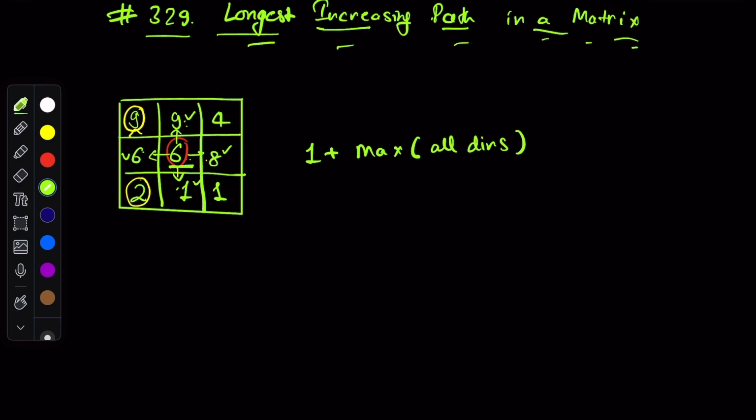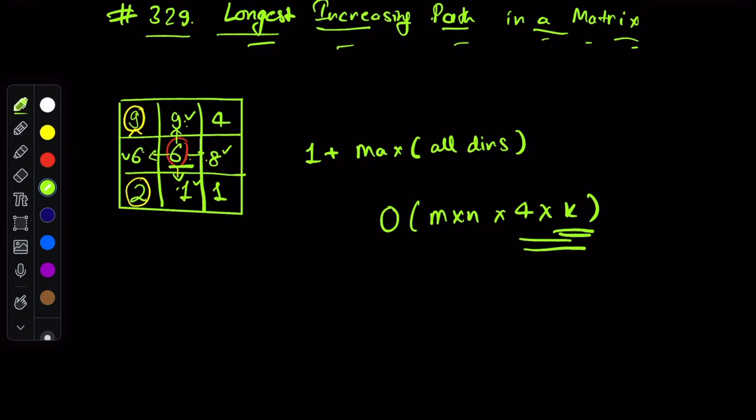So that is all about the recursive approach. What will be the order of time complexity? It will be order m cross n into 4 choices, into k, which is the average length of the path. But can we reduce this?